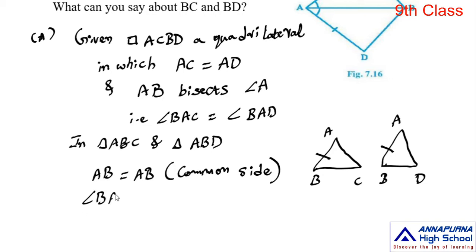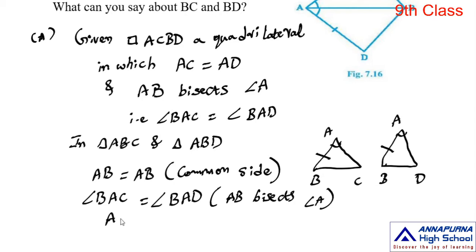Angle BAC is equal to angle BAD, given condition, AB bisects angle A. So, angle BAC is equal to angle BAD, since AB bisects angle A, and AC is equal to AD, given condition, in a quadrilateral ACBD, two sides are equal.